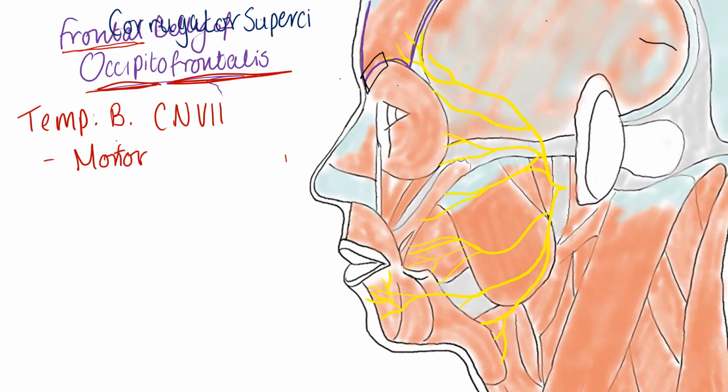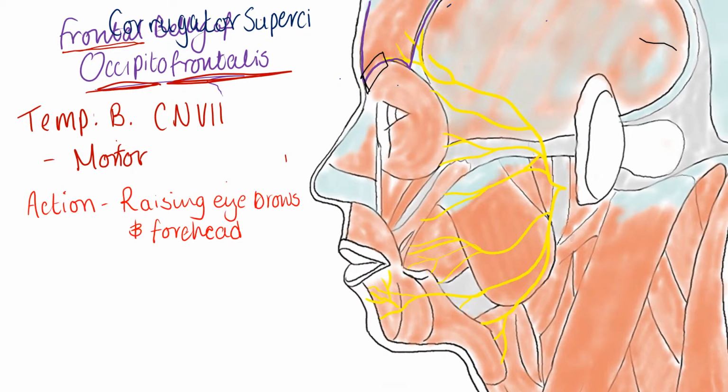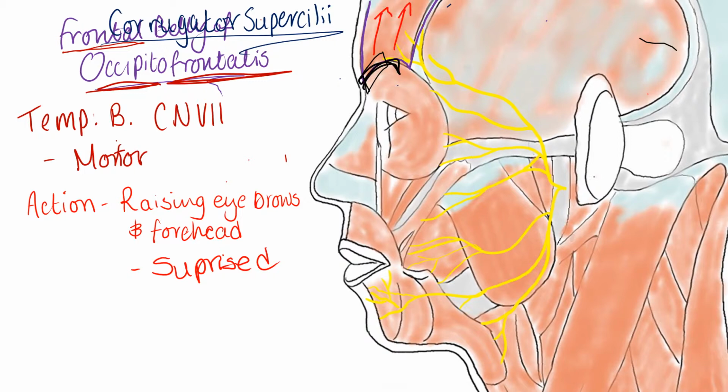It is a thin sheet-like muscle that forms the action of raising your eyebrows and your forehead, causing someone to look surprised. So if you imagine the muscle pulls up here, and if your eyebrows were about here, it would pull up, making you look surprised.